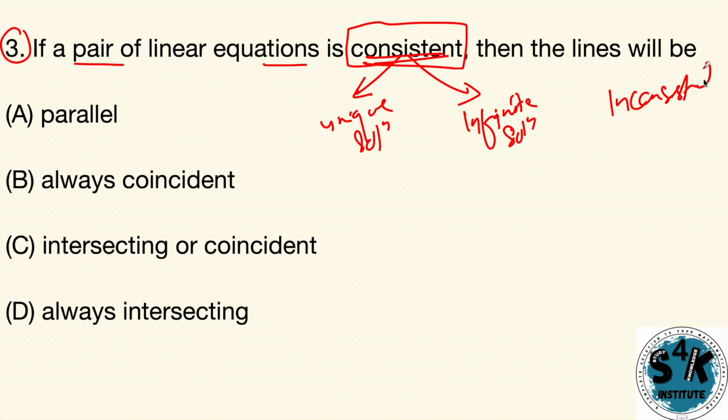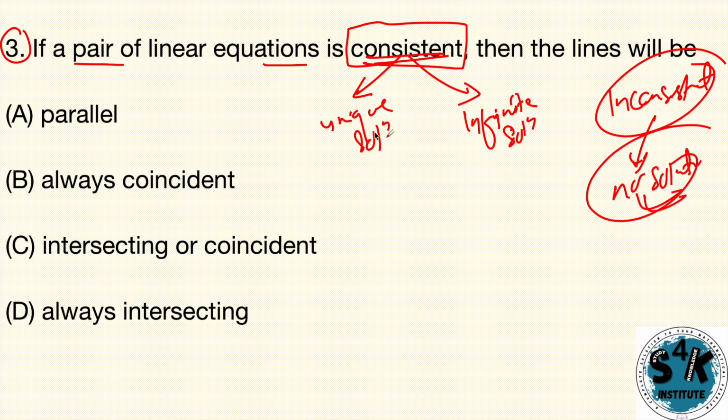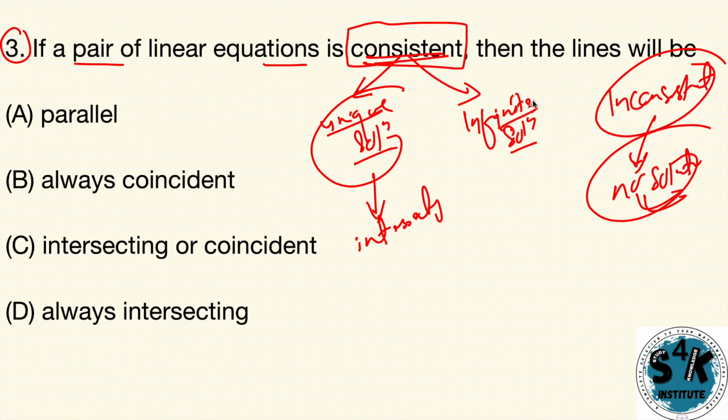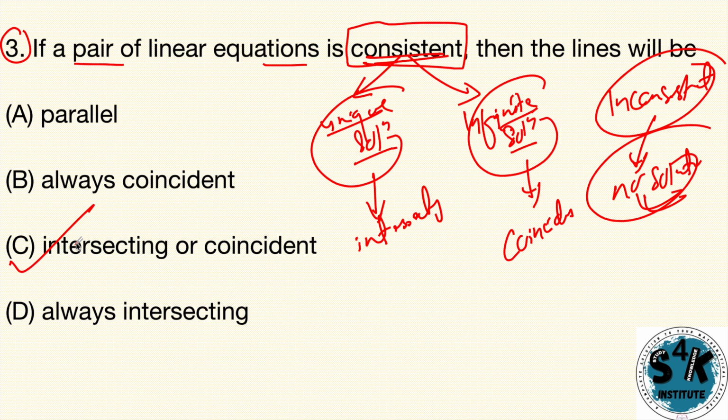Inconsistent is when you get no solution, that is for parallel lines. So unique solution and infinitely many solutions. A unique solution gives you intersecting lines, and infinite solutions give you coincident lines. So option C is the correct one.